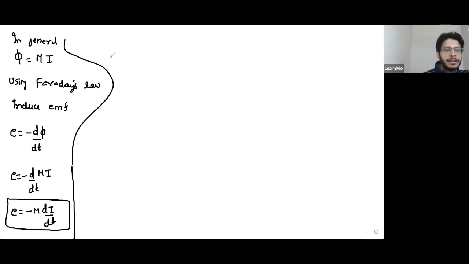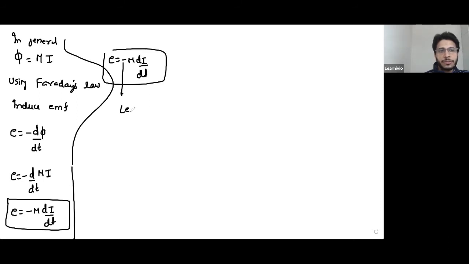This negative sign here represents Lenz's law: the induced EMF will oppose its cause. From here, we can even calculate the unit of M. If I take just the magnitude of E, then that is M dI over dt.